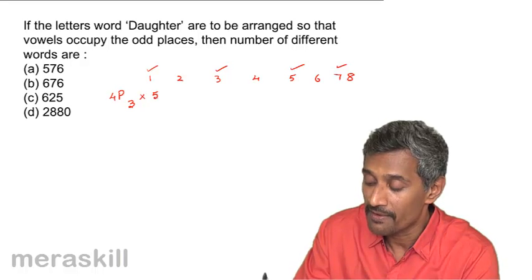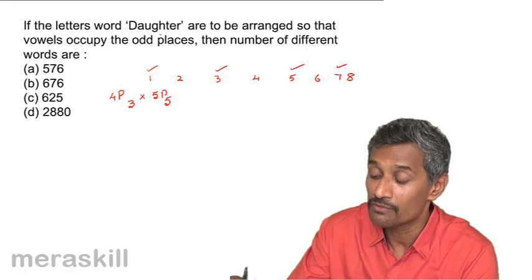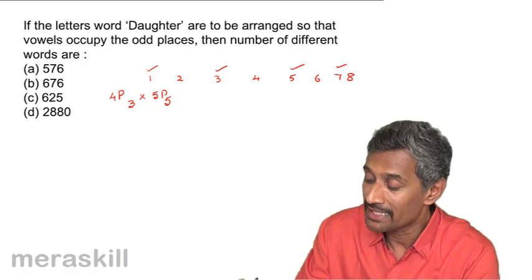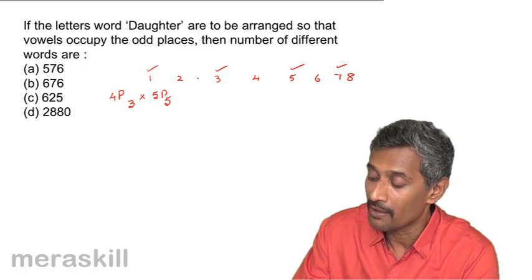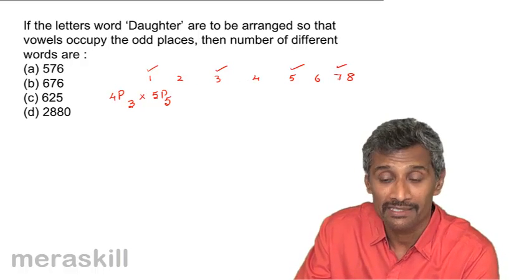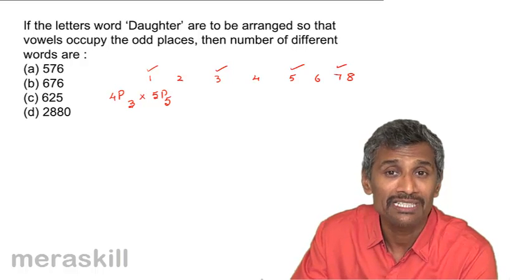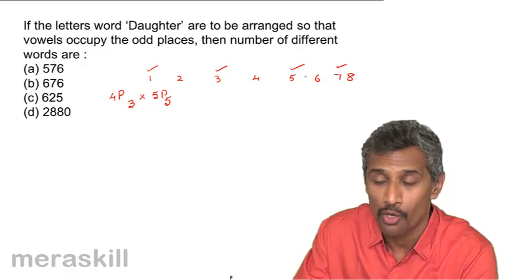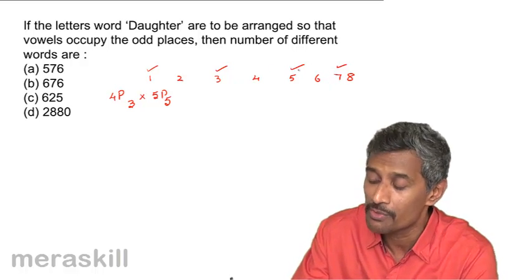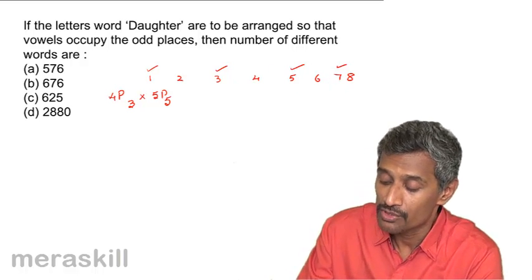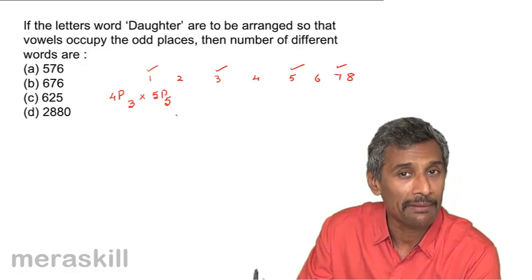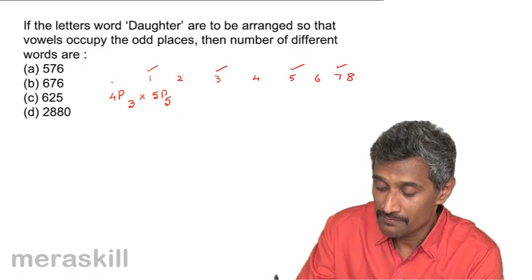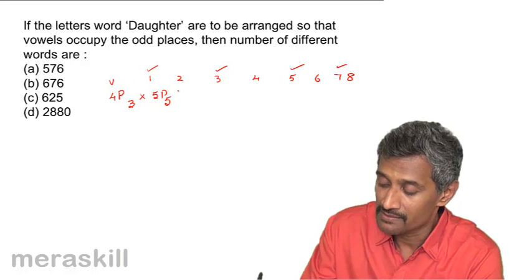So it's going to be 5P5. Now all 4 odd places are not going to be occupied simultaneously by the vowels because there are only 3 vowels. So out of the 4, any 3 will be occupied, and the remaining 1 extra will be occupied by a consonant. So it's going to be 4P3 into 5P5. This is for the vowels and this is for the consonants.